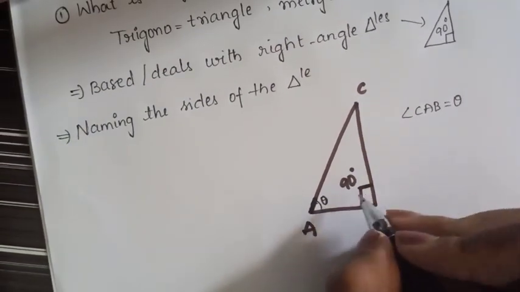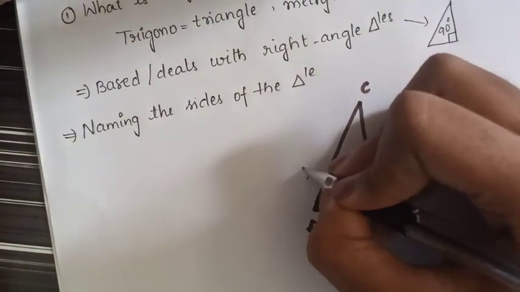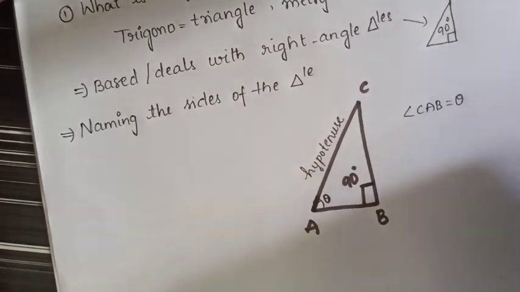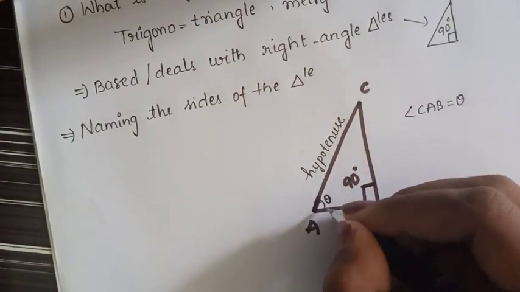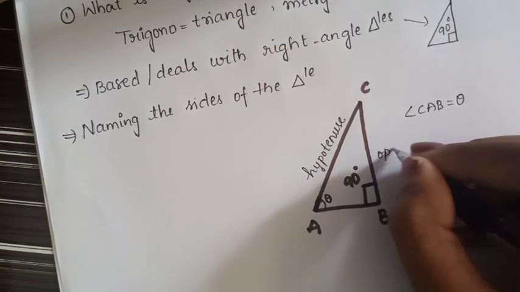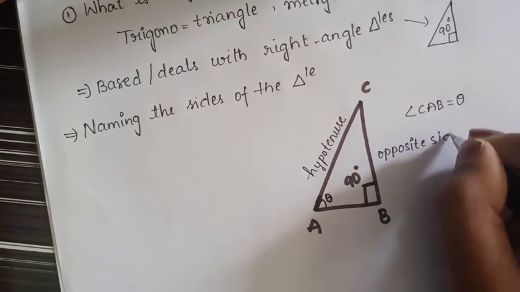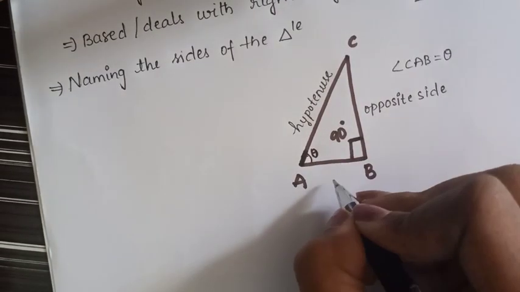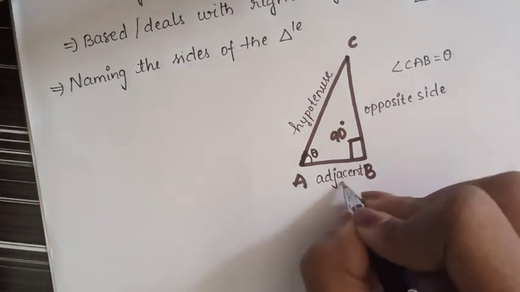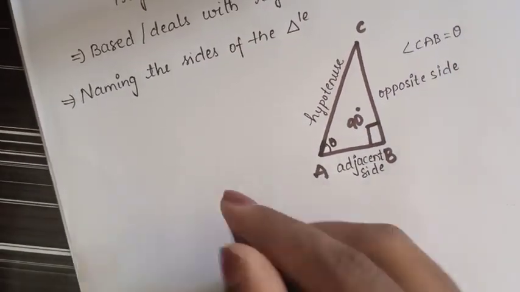The side opposite to the 90 degrees angle is called the hypotenuse. The side opposite to this theta angle is called the opposite side, and the other side is called the adjacent side, which is attached to the theta so it is recognized easily.